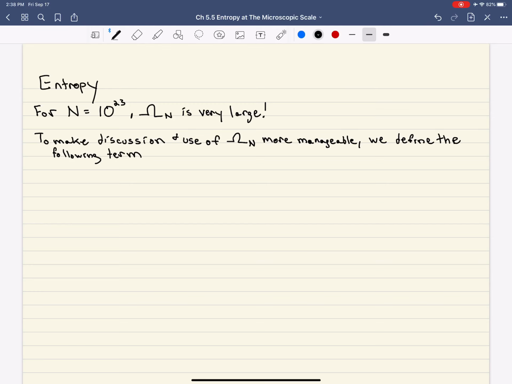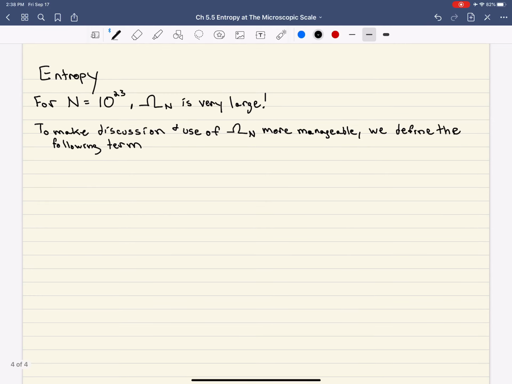Okay? So we have a very large number, and to make it at least a more manageable thing, we're going to take the natural log of it. All right? And this natural log, we're then going to multiply by what we call Boltzmann's constant.